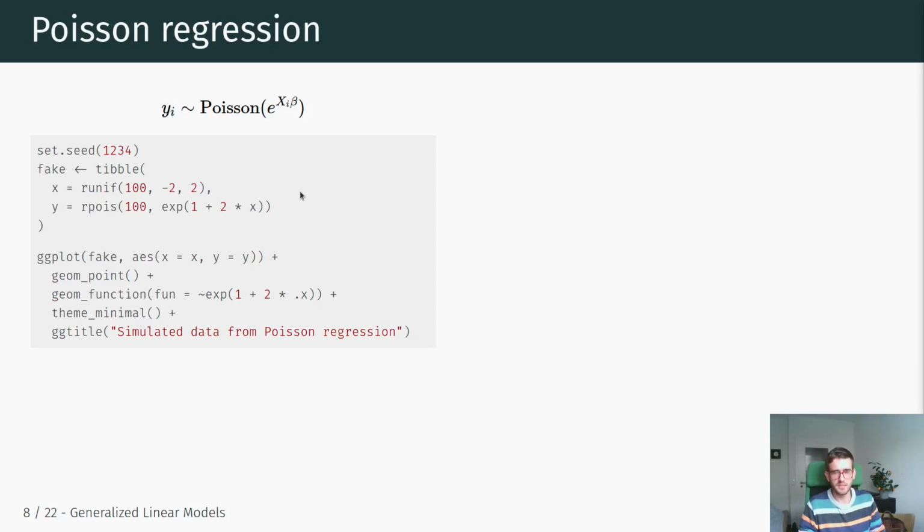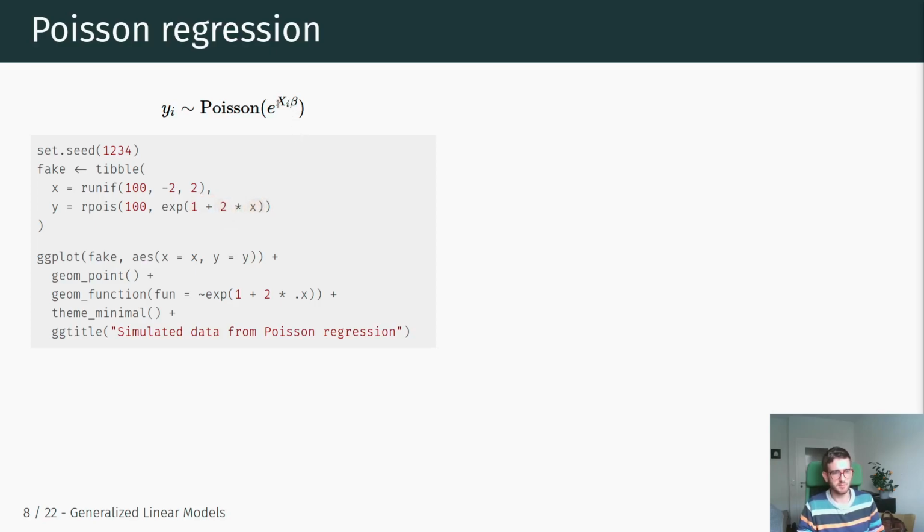To visualize what this could look like, we simulate some fake data here with one individual predictor that is drawn from a uniform distribution, 100 observations ranging between -2 and 2. Then we take 100 random draws from a Poisson distribution, and the lambda parameter that I just mentioned is equal to the exponent of 1 plus 2 times x.